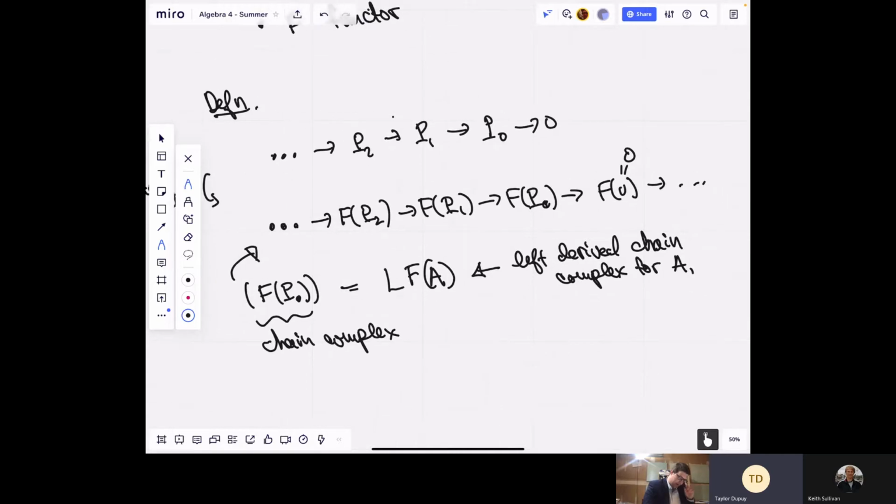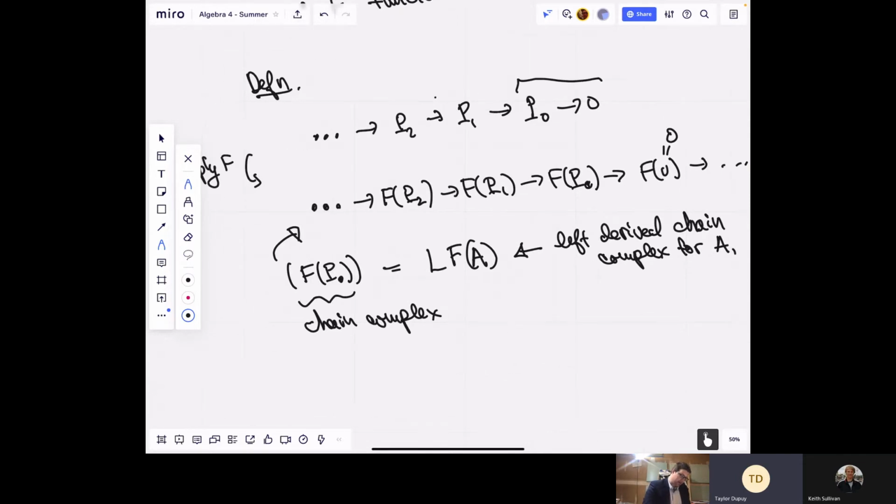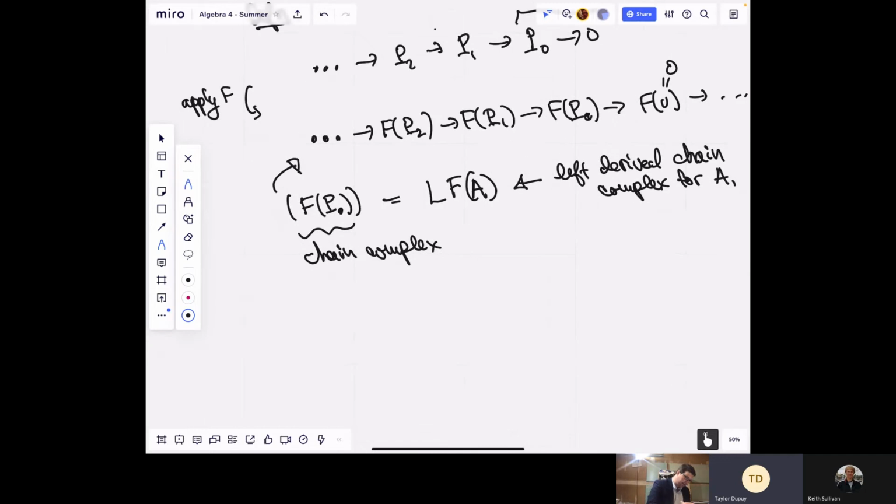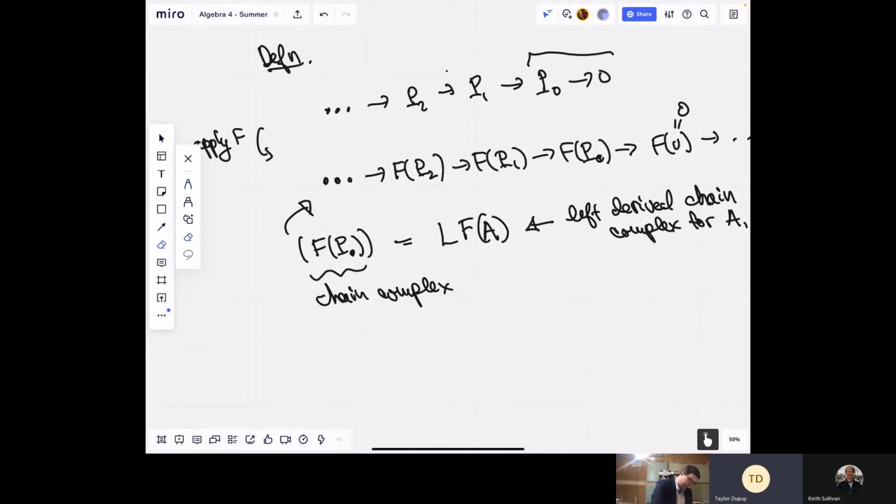Again, this isn't necessarily exact at 0. It maps to A, and then that maps to 0.